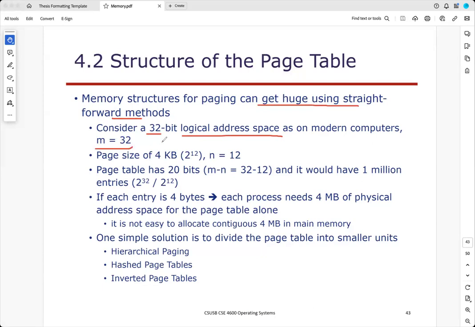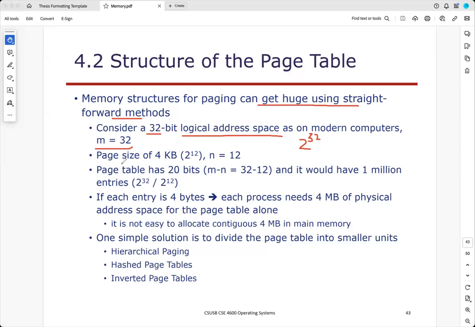So the size of the logical address space is 2 to the 32 bytes.